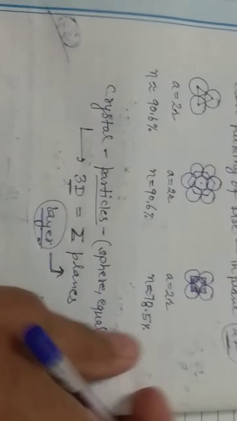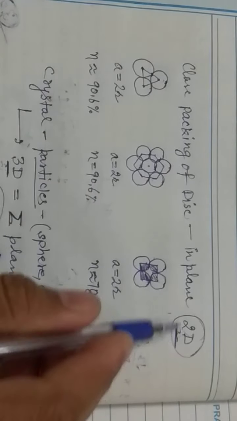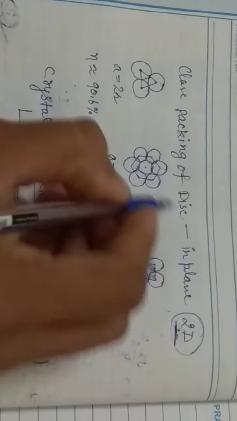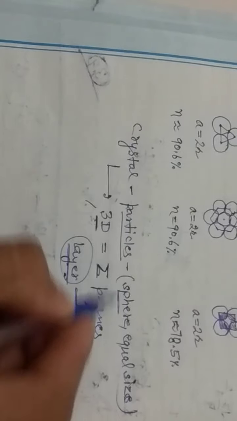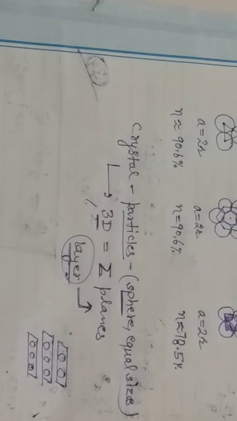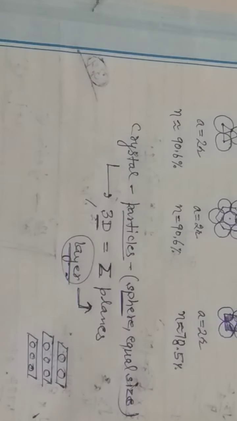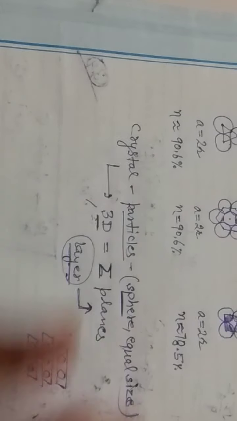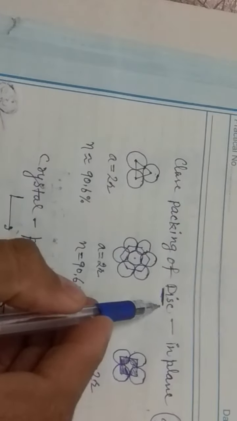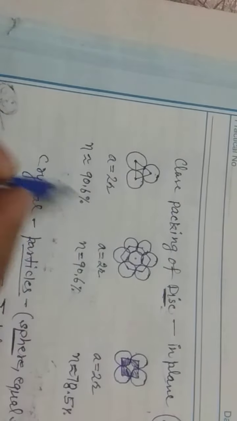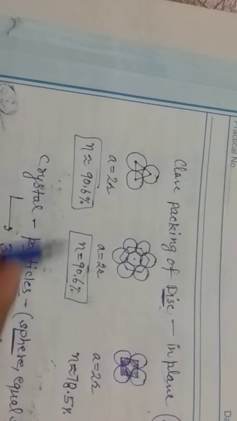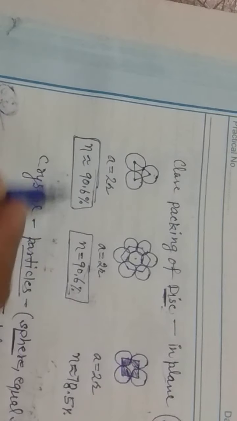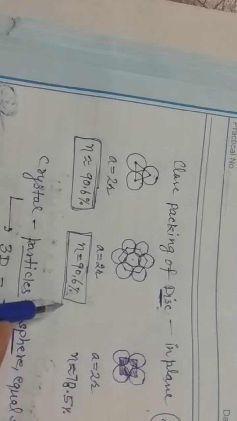Okay class, so in the previous case, in the two-dimensional arrangement we were having discs. So in three dimensions we have spheres. Okay class, so here we will see how, in this 2D arrangement, this kind of arrangement is found to be most closely packed.